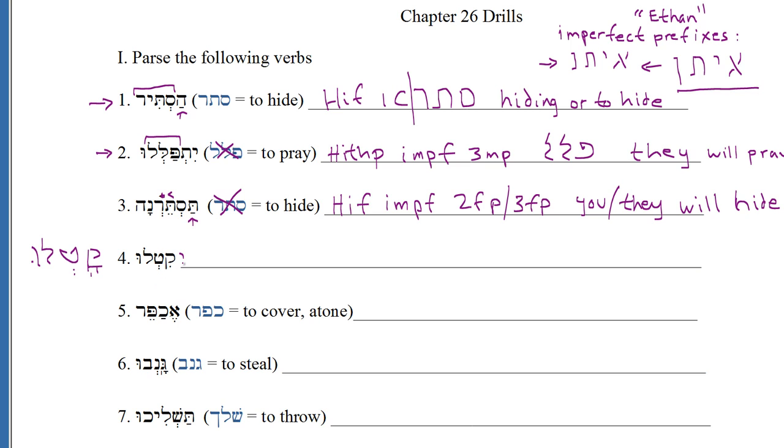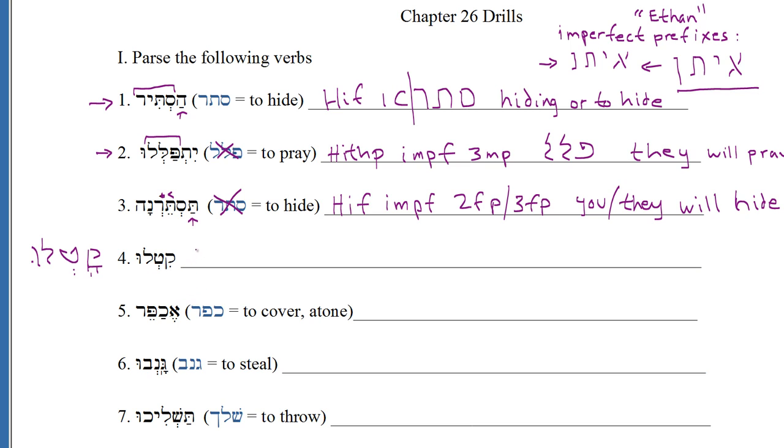If we had a yod there, it would look a lot like yiktalu, which would be one of our imperfects, and so we recall that one of our second person imperfects, our second masculine plural, tiktalu, like that. And so if we take the prefix off, and then we have to upgrade, when we have two schwas next to each other, we have to upgrade the first one to a full vowel. We have kitalu.